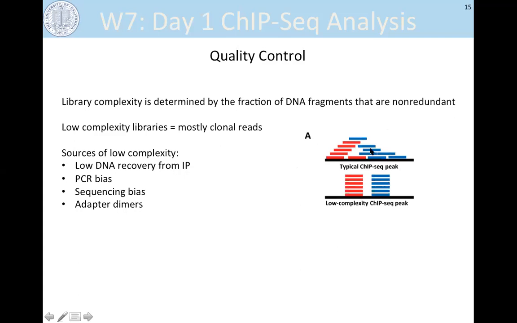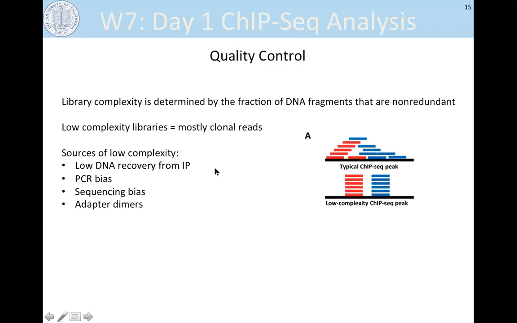And as you can see, none of the reads are identical. They are all aligning to unique positions. While when you have low complexity libraries, you have a higher percentage of clonal reads, and clonal reads will look like this, where you have the same exact read aligning in the same position.